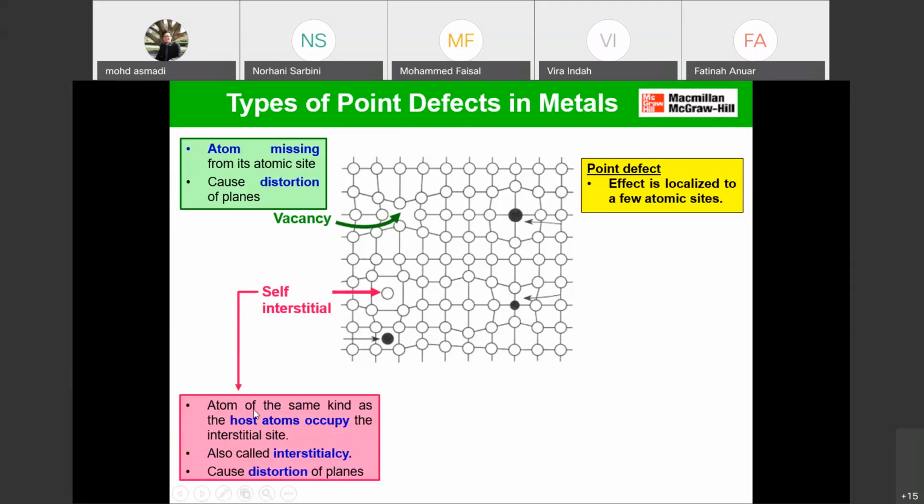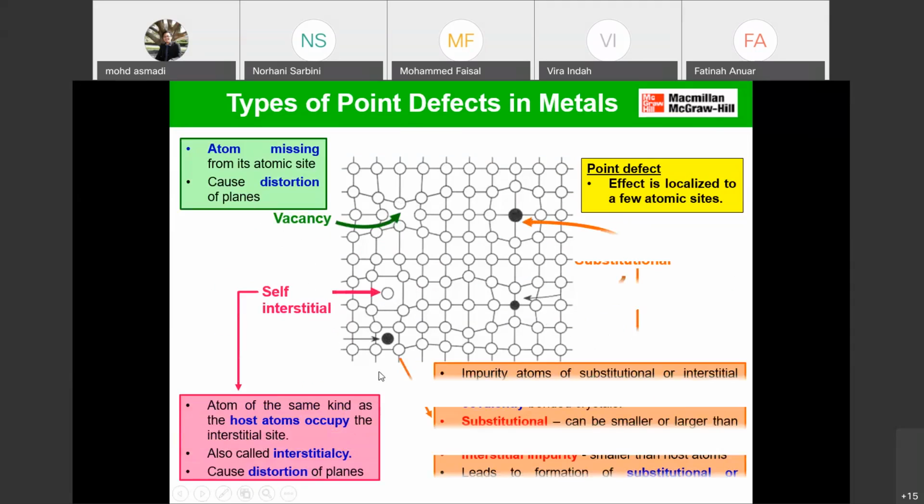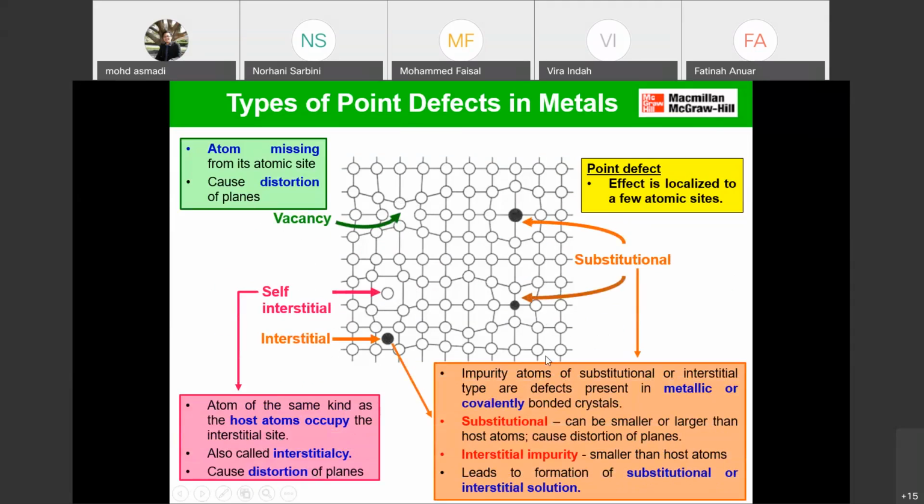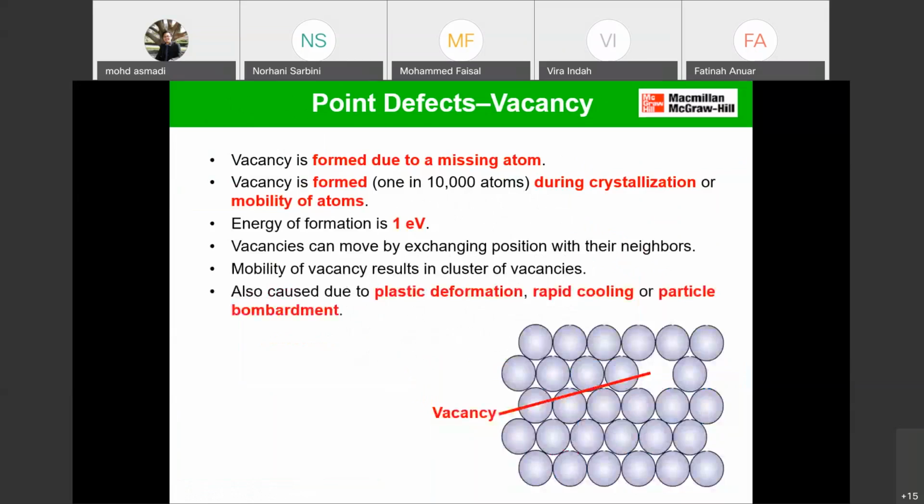Atoms of the same kind as the host atoms occupy the interstitial site, so it causes distortion also. And there are impurity atoms, present in metallic or covalently bonded crystals, which can be substitutional or interstitial. So these are the types of defects that we can find in metals.